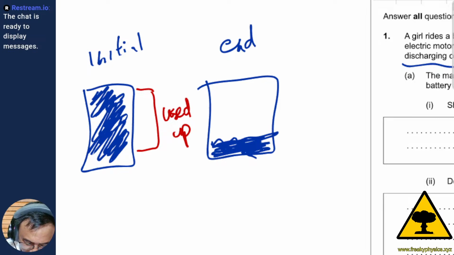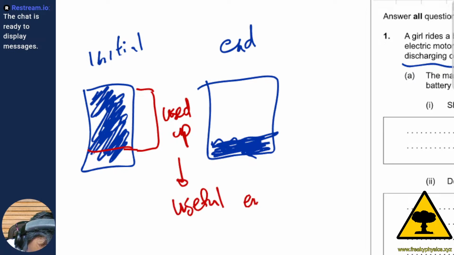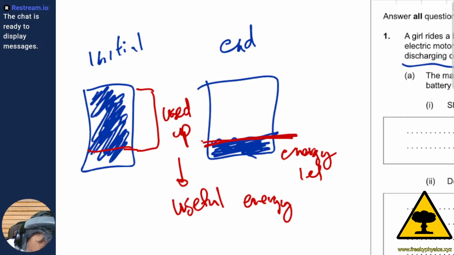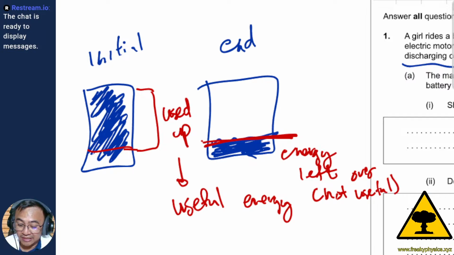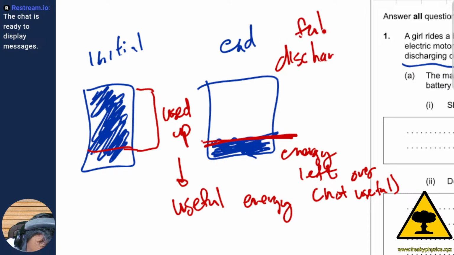This part that you used up is the useful energy. And from here on out, even though there's still energy left over, it's not useful, because you cannot take it out of the battery anymore. So this is where it's fully discharged.